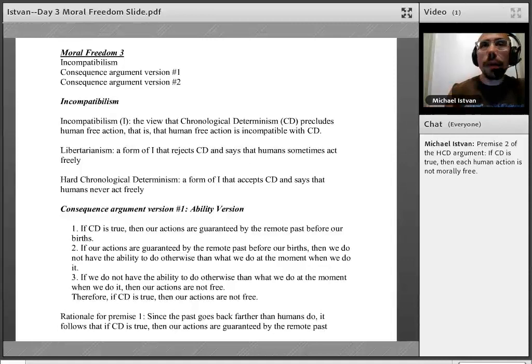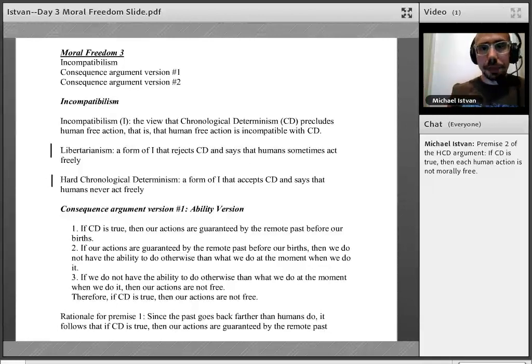The most common of these are called libertarians. And I put this on the slide for you guys, libertarians, and I also put, obviously, hard chronological determinism. Libertarians are incompatibilists who say that human actions are sometimes free, and they also reject premise one of the HCD argument.